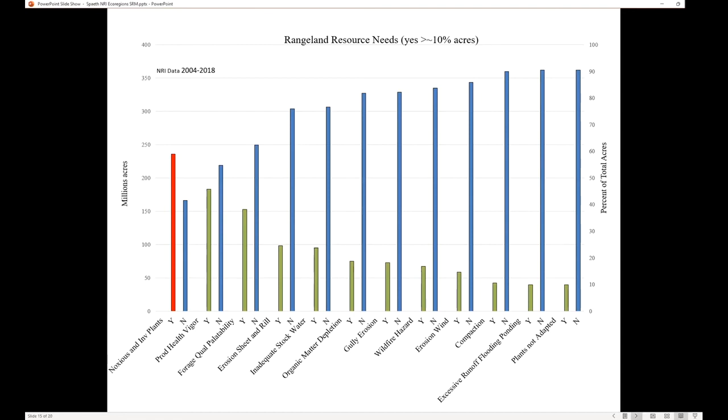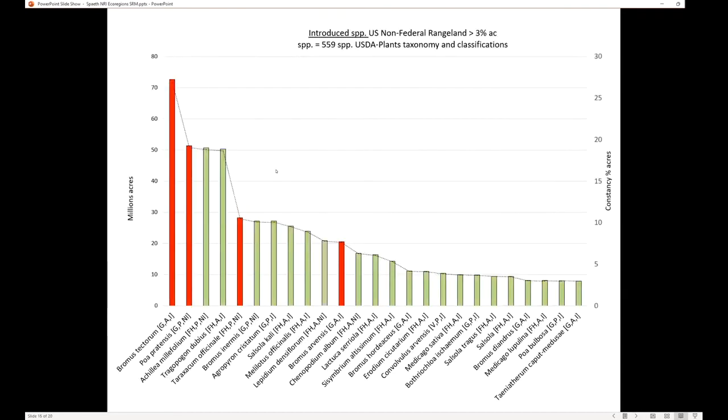If we look a little deeper in terms of invasive species, it's not surprising to see that Bromus tectorum, or cheatgrass brome, occurs on over 25% of the acres on non-federal rangeland. We also look at Kentucky bluegrass at 20 to 22%, smooth brome, and field brome. Those species are quite prevalent and dominant on a lot of our rangelands.